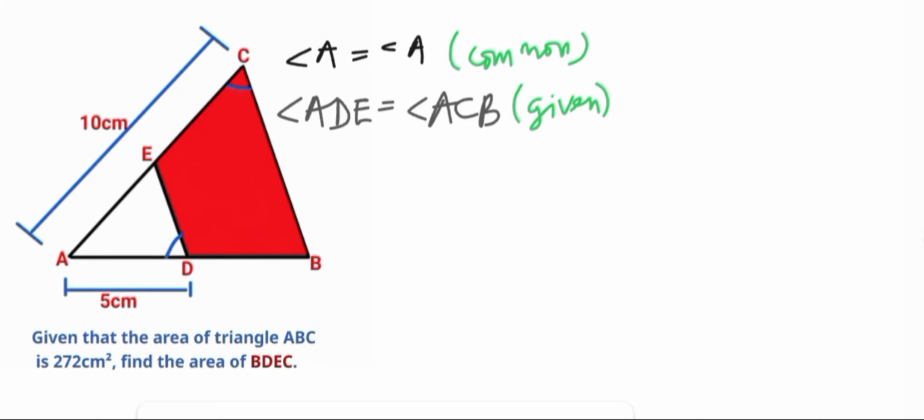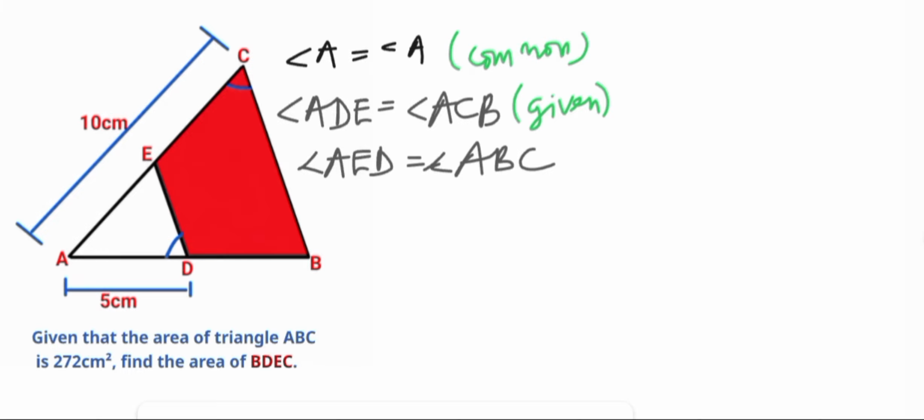This automatically follows that angle AED from the smaller triangle must be congruent to angle B or ABC of the bigger triangle. That is because once any two corresponding angles are equal in two triangles, then the third angle will definitely be equal.